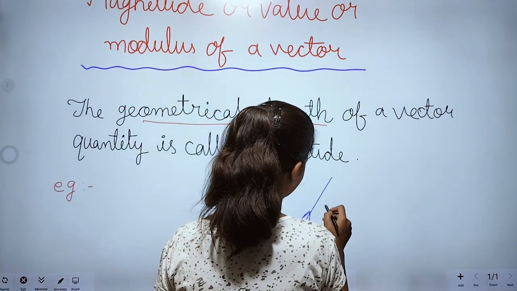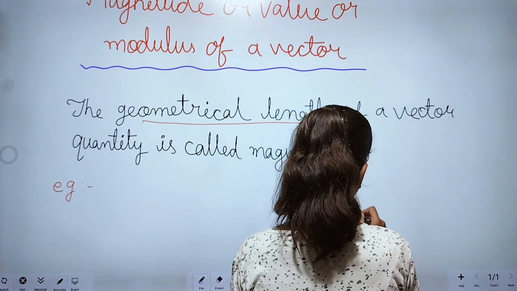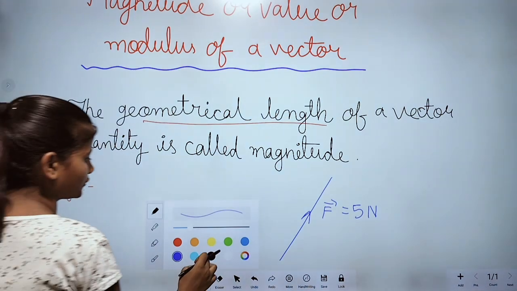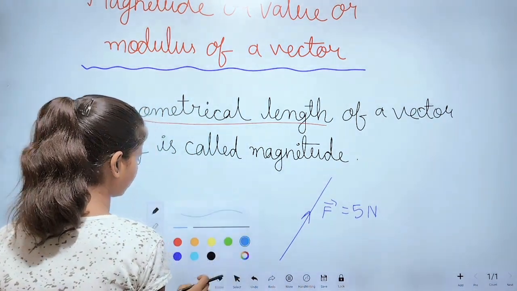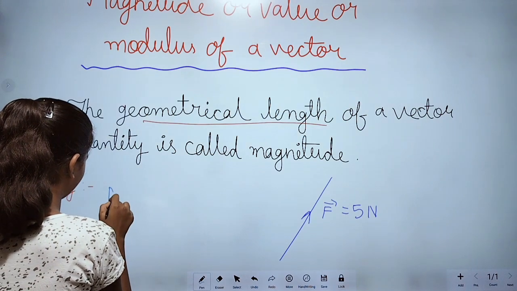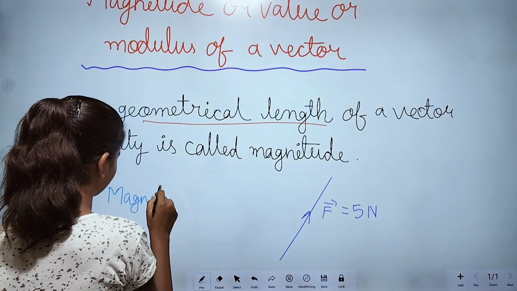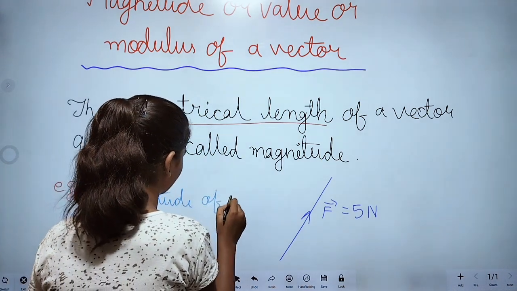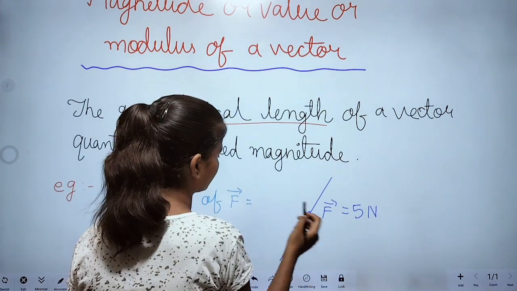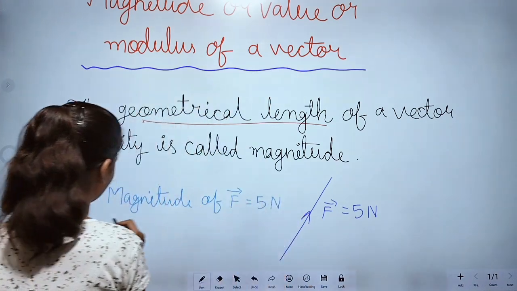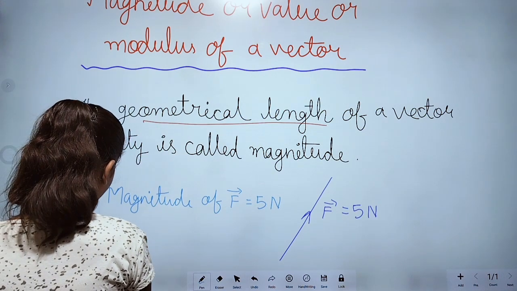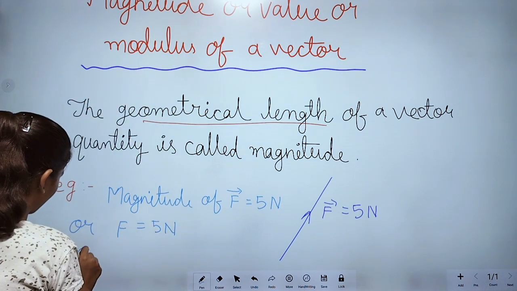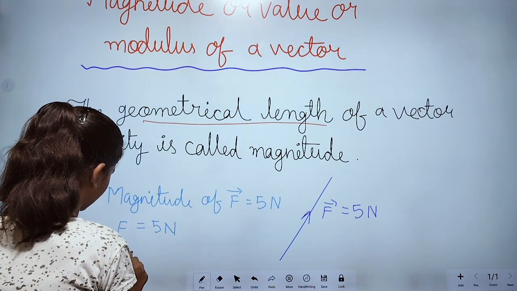For example, the force is equal to 5 Newton. So you can write that the magnitude of the vector is equal to 5 Newton, or you can also write it like this: F is equal to 5 Newton.